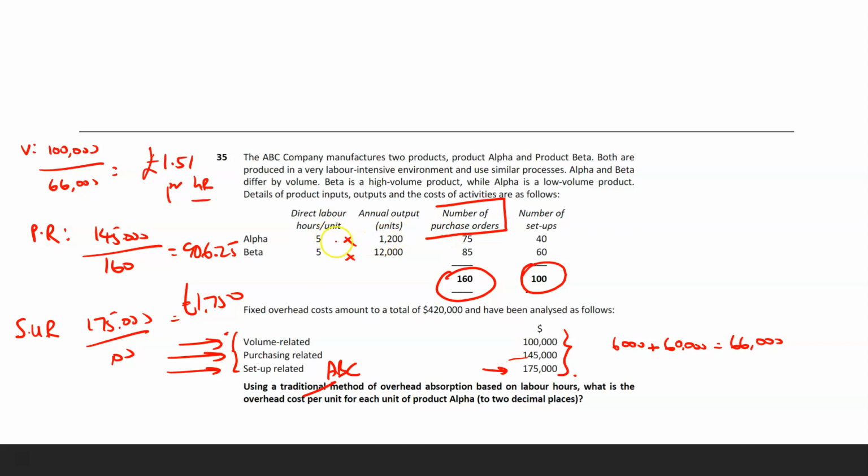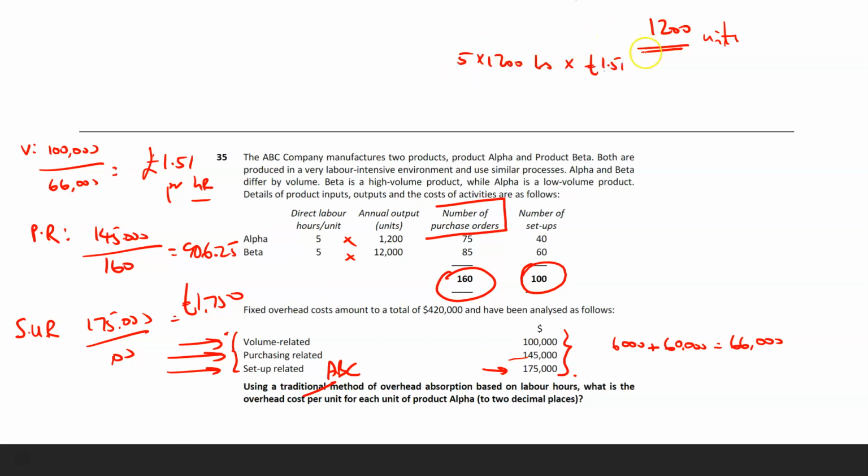I need to do it as a whole, since it's clearer that way. I'm dealing with 1,200 units. First, the number of hours: for alpha, I have 5 times 1,200 hours times £1.51.